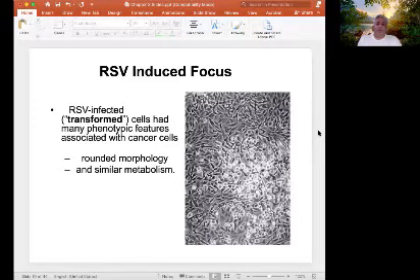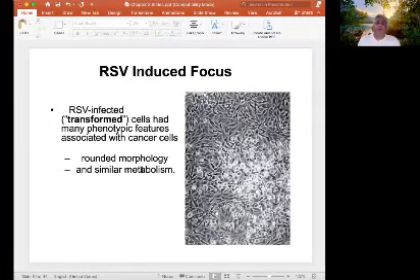The next thing to understand is that in the case of RSV, the first indication that it was affecting the morphology of cells was the way that cells were seen to be growing under the microscope. So cells, when they become transformed by this particular type of virus, they change their phenotype and they become more rounded and they pile up on top of each other.